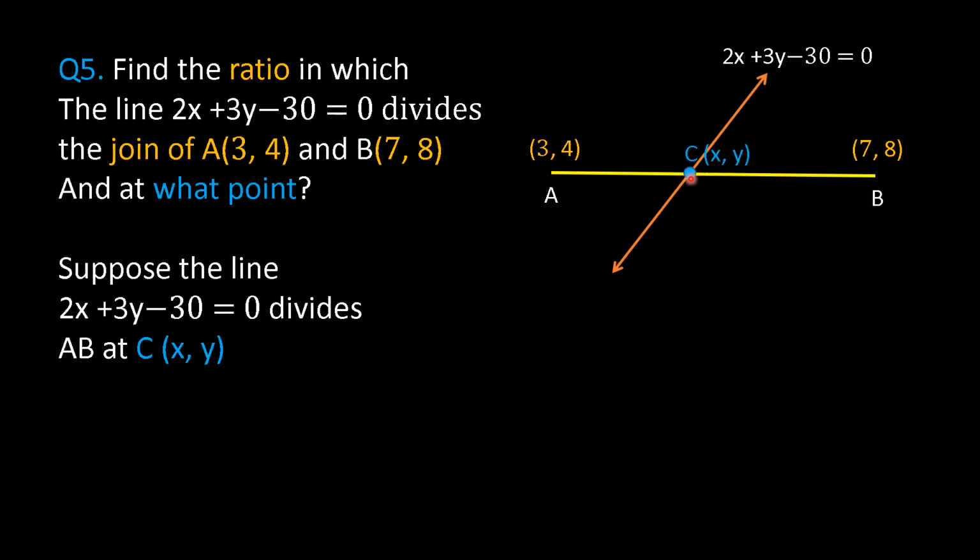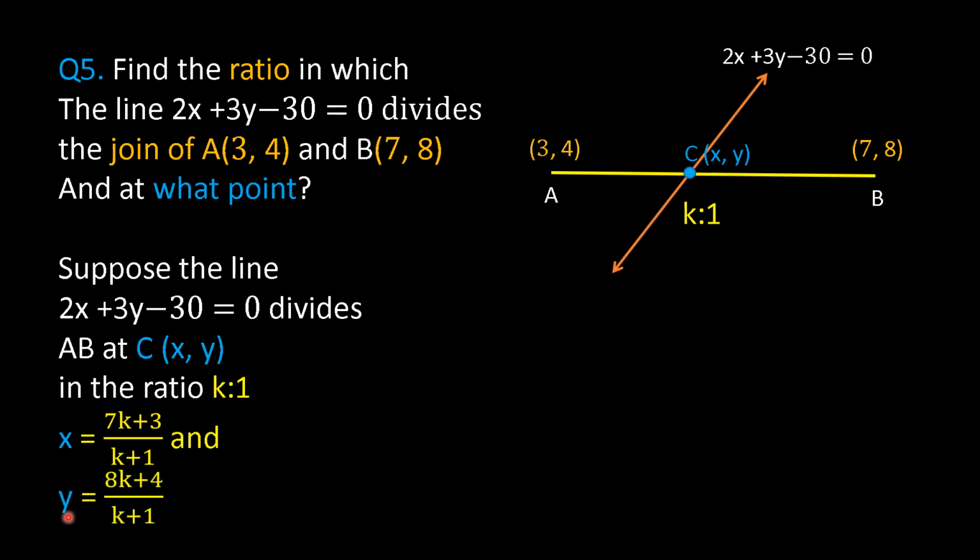So let the point of intersection be C(x, y) in the ratio k:1. Then the x coordinate will be (7k plus 3) by (k plus 1) and the y coordinate will be (8k plus 4) by (k plus 1). This is by the section formula for internal division.